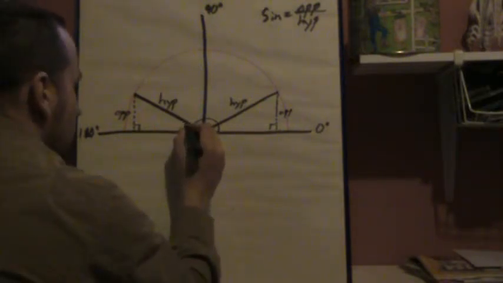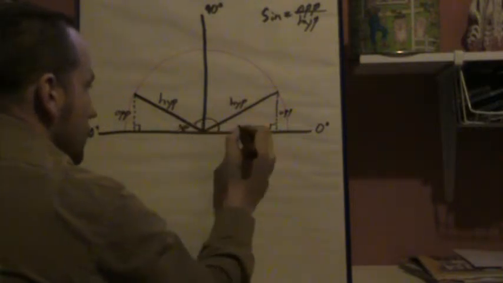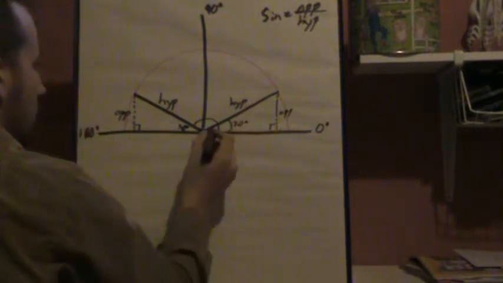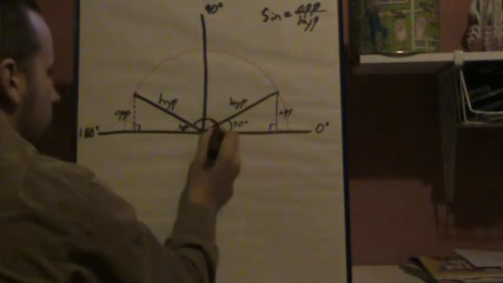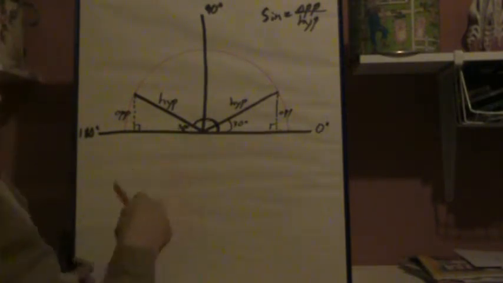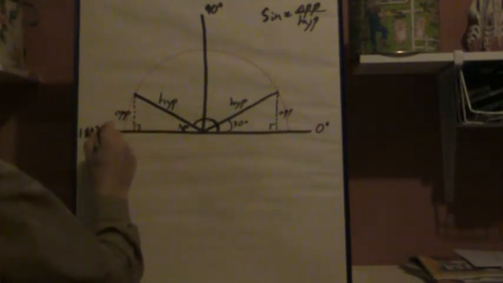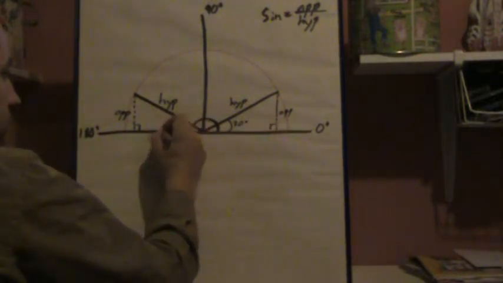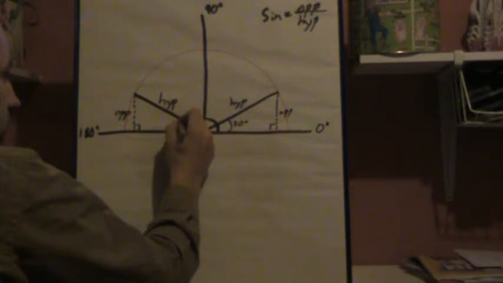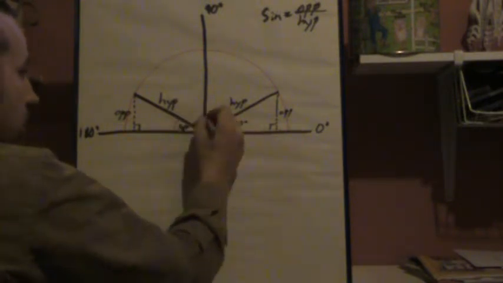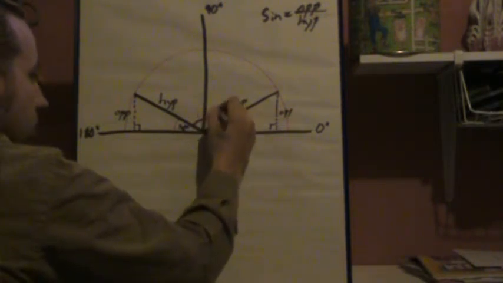Well, you say, what is it then if it's not 30 degrees? Well, this angle in here would be 30 degrees, the same as the one from here to here. But this is the true angle of this line right here. So what is it? Well, if this is 180 degrees, my straight line, and I've got 30 degrees between my reference point and my line, then from 0 to here must be 150 degrees.